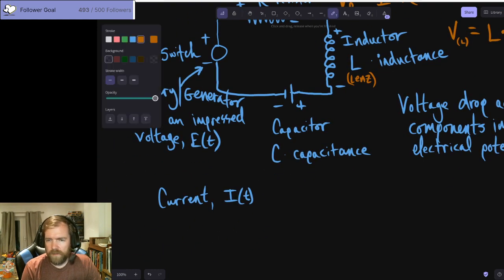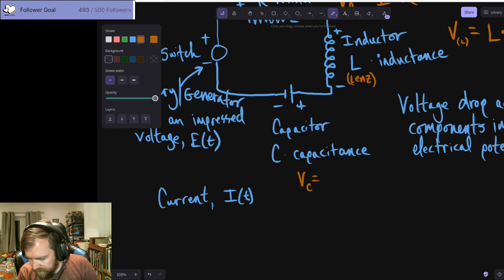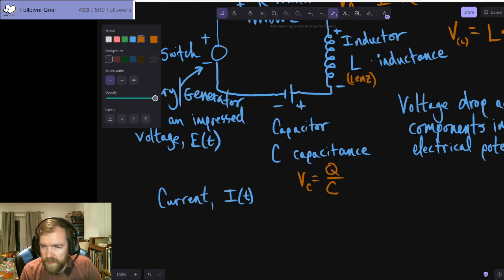And the voltage drop across a capacitor is going to be given by Q over C, where C is our capacitance and Q is going to be the charge at any particular location.